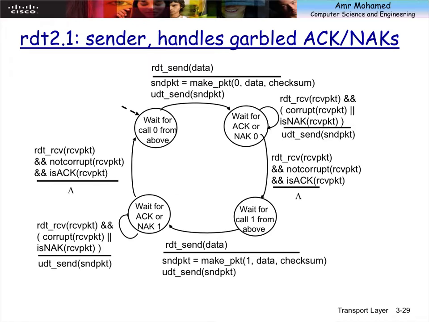Because channels are, we call it reciprocal channel. If there is a specific behavior in one direction, the same behavior might happen in the other direction. ماشي? So if the acknowledgement or negative acknowledgement can get corrupted, that's what we talk about here. And in that case, we may have duplicate packets.